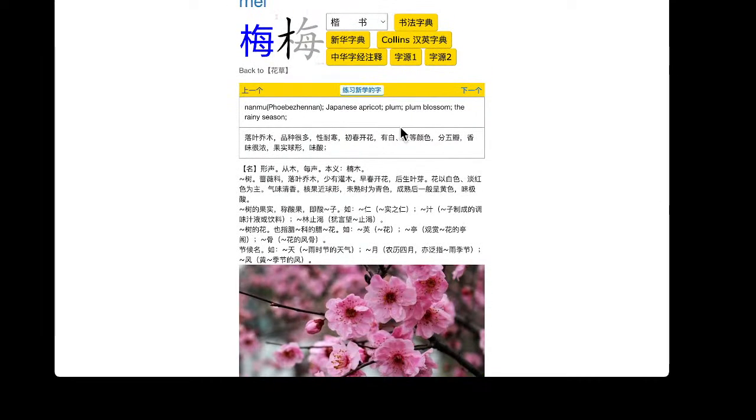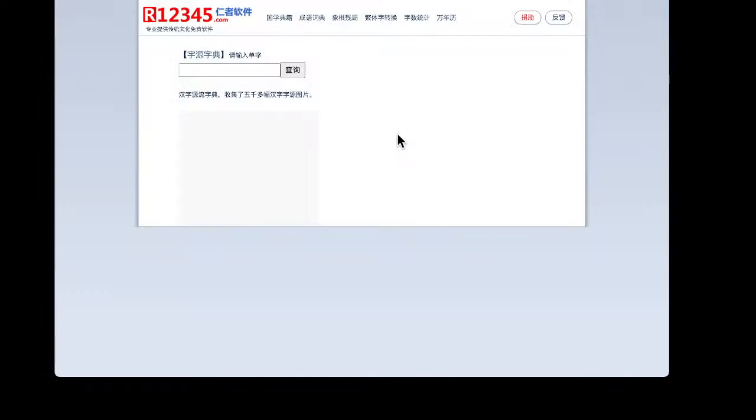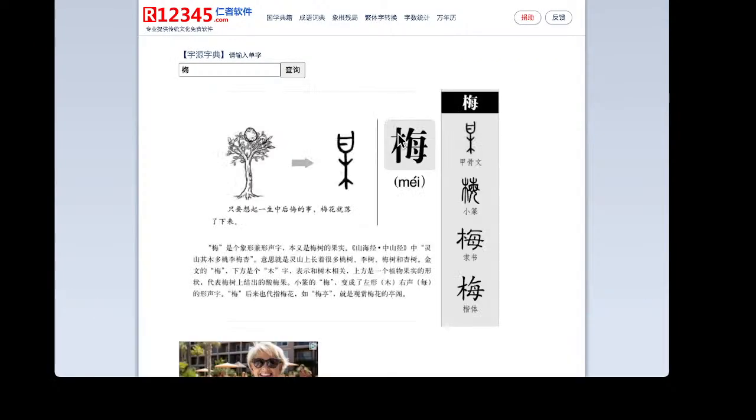Okay, so this is 梅. Now this one is actually referring to a tree, so you've got the tree radical on the left, and then I have the 每 on the right. Okay.